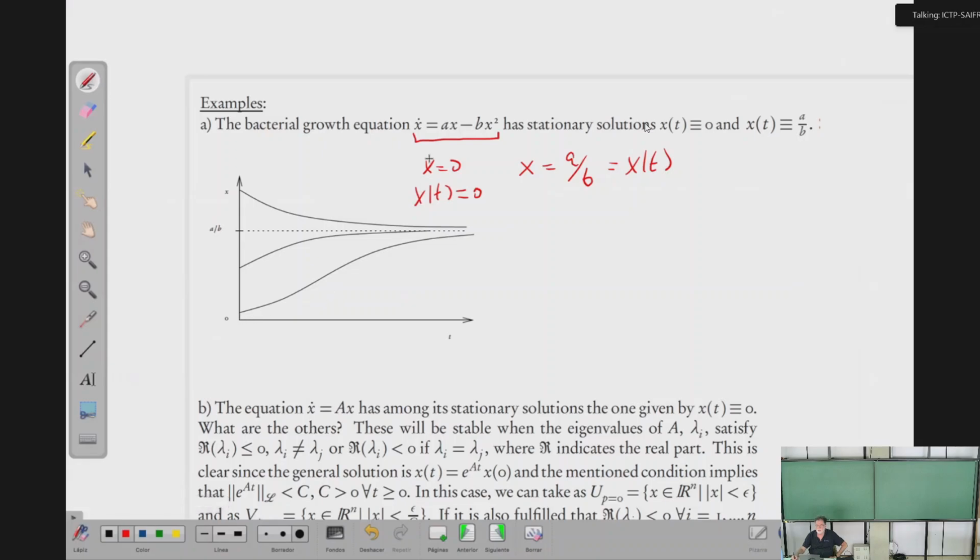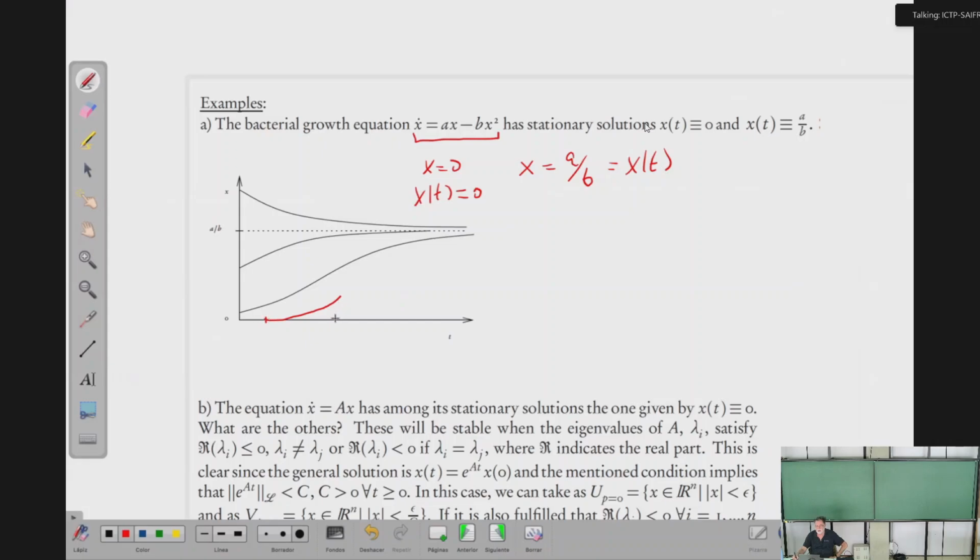Why do I know that? Because if x is very small, this term wins, and this has an exponential growth. So if I am here and I do a small perturbation, this will grow exponentially, right? Then when it gets near here, it will stop growing. But here it will grow. So this point is not stable, right?